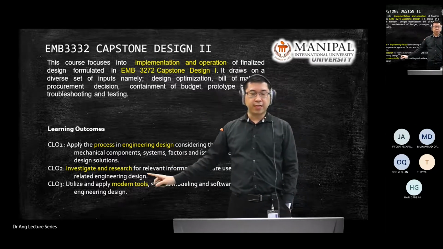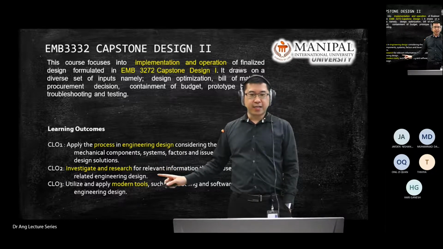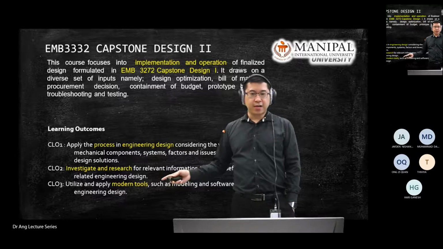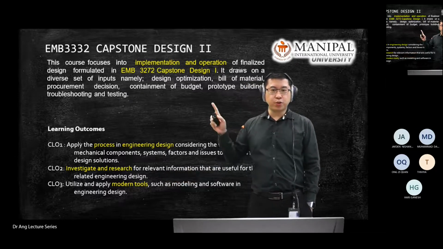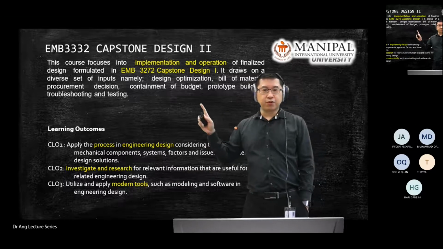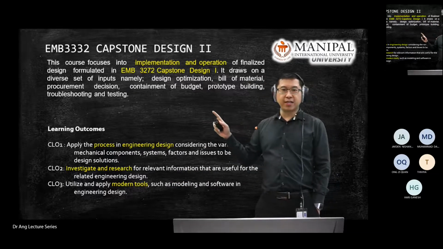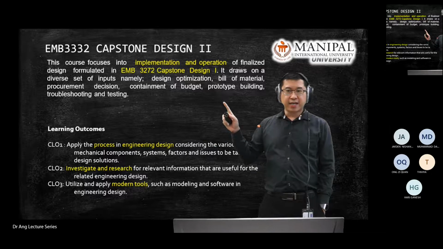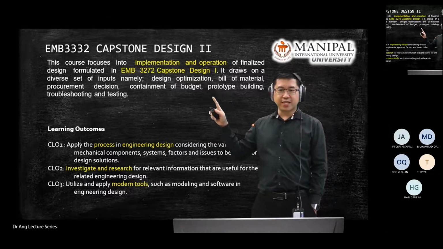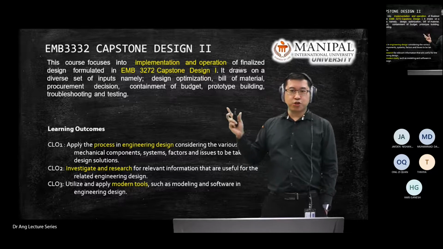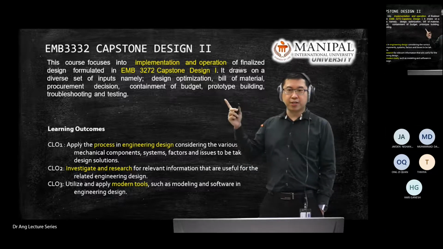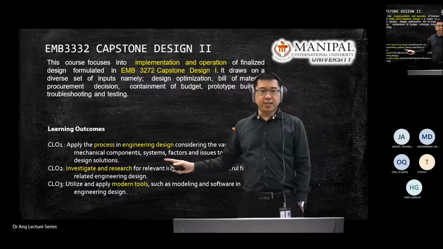So there's a reason. We will ask you so many times using why questions. You should start asking yourself, why do you use that approach? Why do you mount the thing in such a way? Why do you design in such a shape or in such a way? So there's a reason for that.